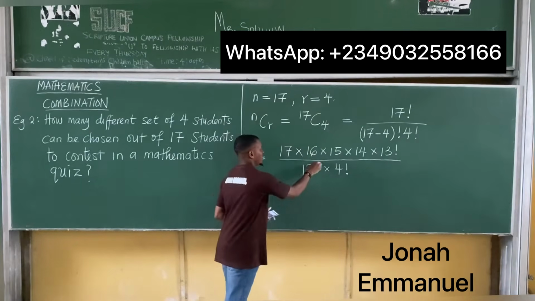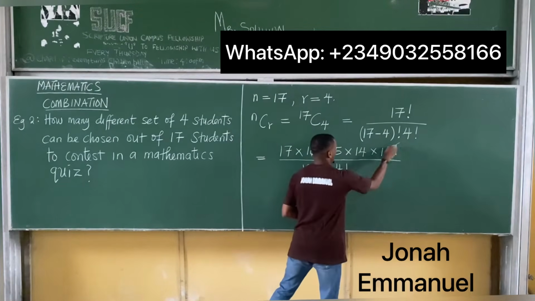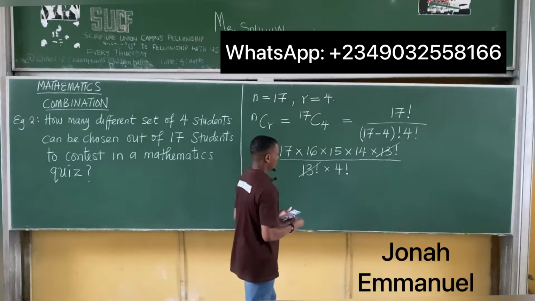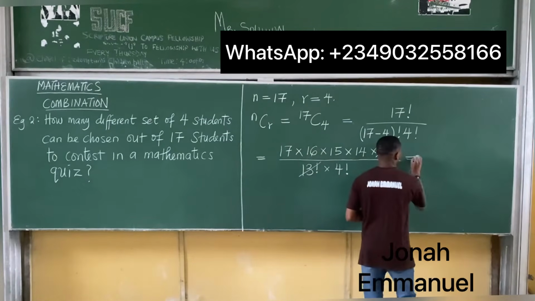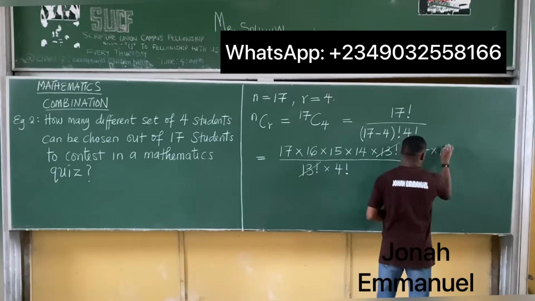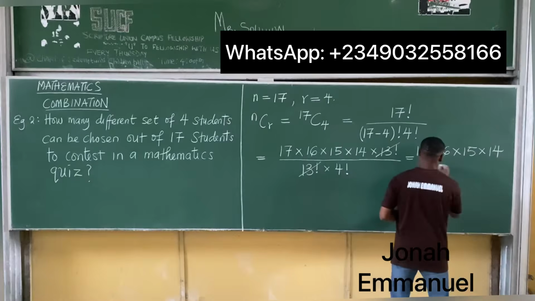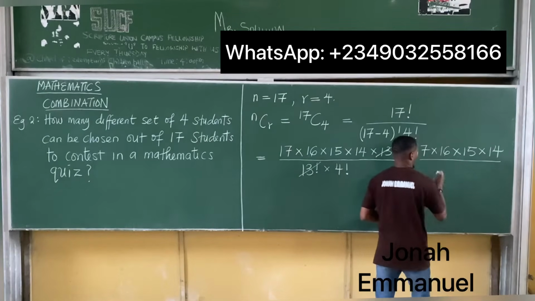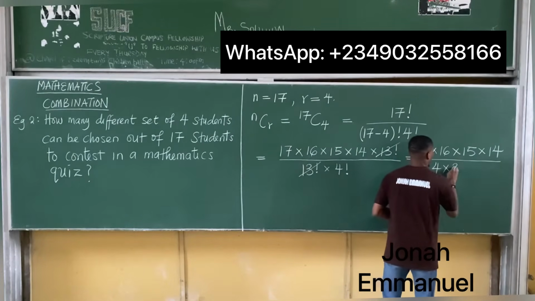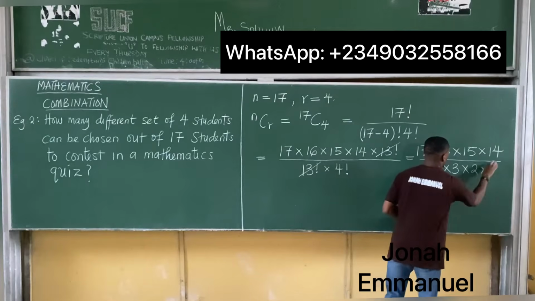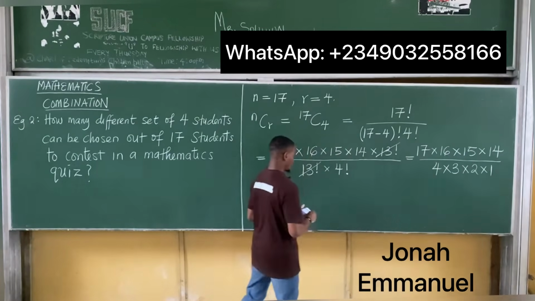From here, 13 factorial will cancel 13 factorial. That will be equal to 17 times 16 times 15 times 14 all over 4 factorial, which is 4 times 3 times 2 times 1.